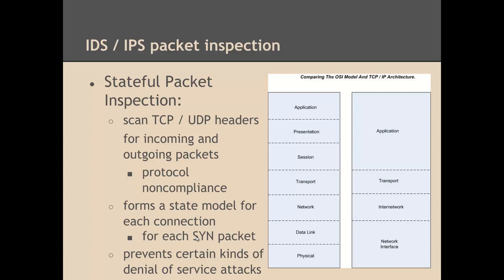Perhaps this can be exhausted to degrade the performance of an IDS system. It depends on the implementation, obviously. But at its core, this technology allows the defenders to prevent certain kinds of attacks, especially denial of service attacks that cause a network stack to slow down or perhaps crash on malformed packets or packets that don't comply with the protocol.